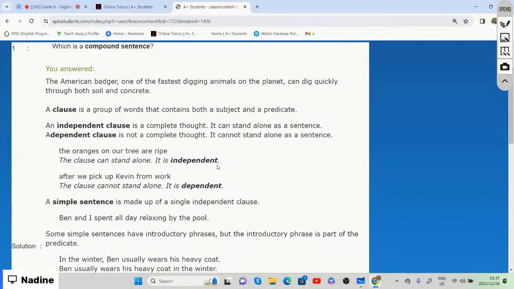That is an independent clause because it can stand on its own, right? It expresses a complete thought. And then "after we pick up Kevin from work," this is a dependent clause that cannot stand on its own. It does not express a complete thought. And it also starts with a subordinating conjunction, which is "after."